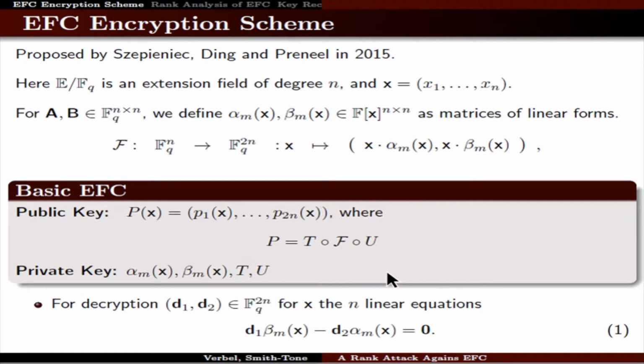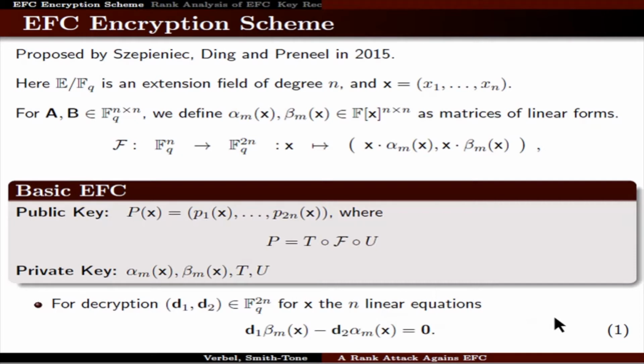If we are going to encrypt a message, we just compute our public key P applied to our message. And for decryption, we use this formula over here, given a ciphertext D1 and D2. What we are going to do is just solve this system of linear equations to find the original message.